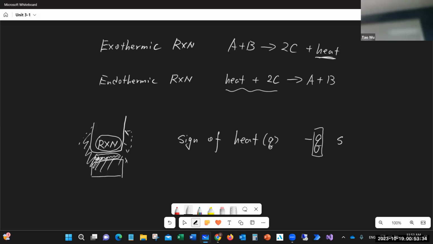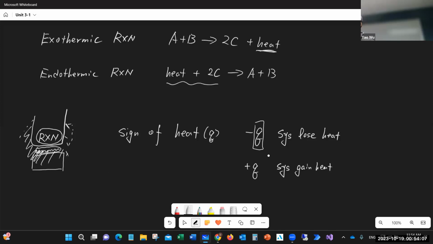Negative Q means the system loses heat, or the system releases heat. The system has less heat, so it has a negative sign. But if you have a positive sign for heat, that means the system gains heat. When the system loses heat, in other words, the surroundings should gain heat.